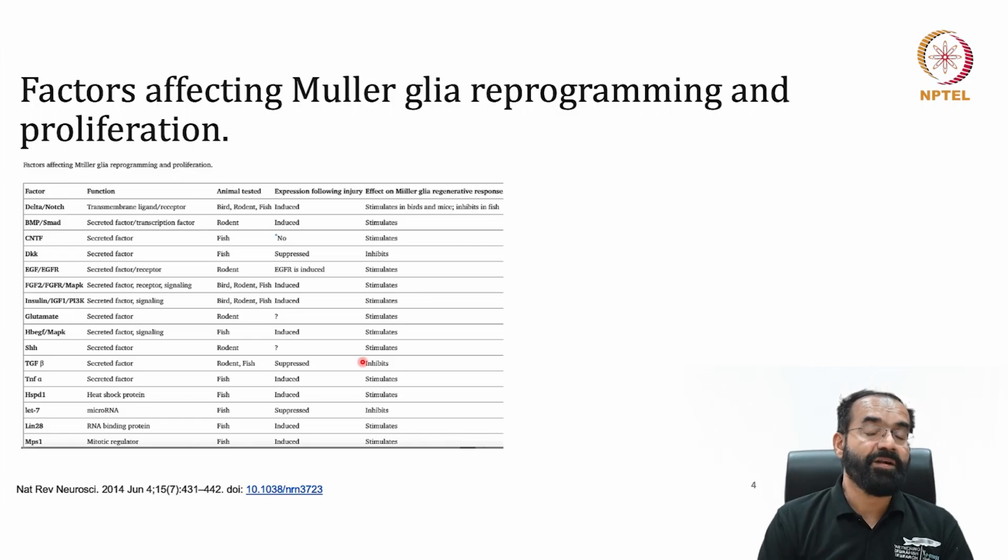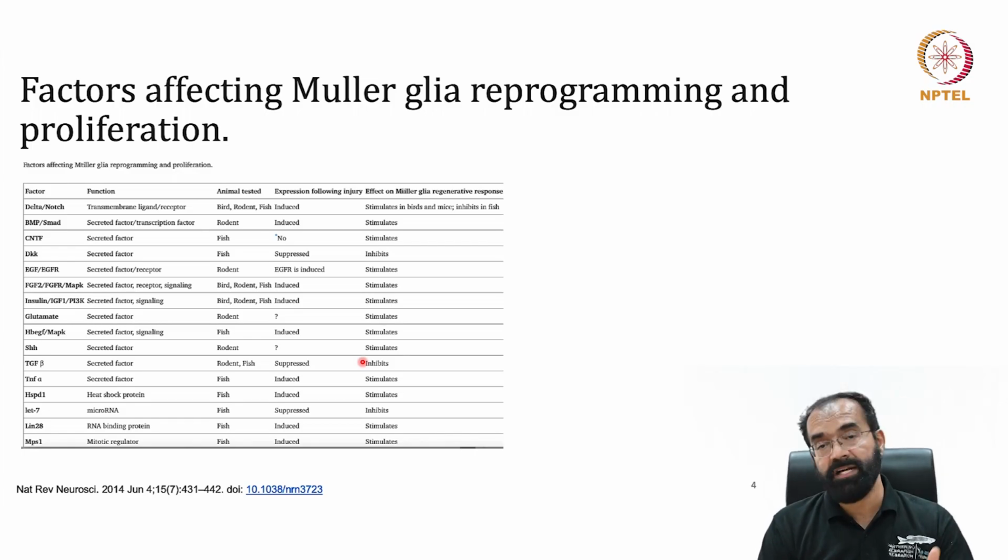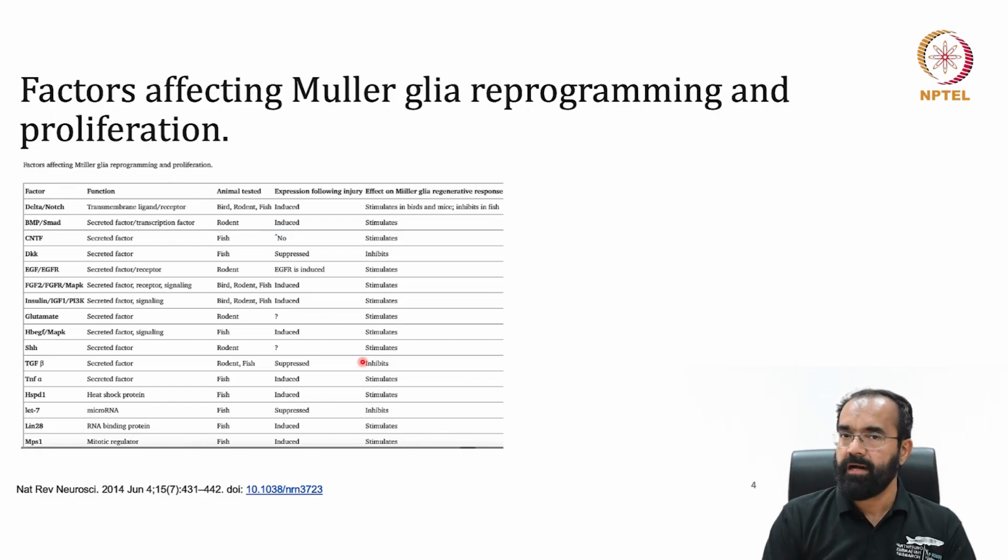In zebrafish, TGF-beta 1, some studies have shown to activate also, but in general it is an inhibitor. That means it acts like a brake in a vehicle. So in this kind of regulation, in one hand you are pampering, in another hand you are punishing. This is the way various factors act.